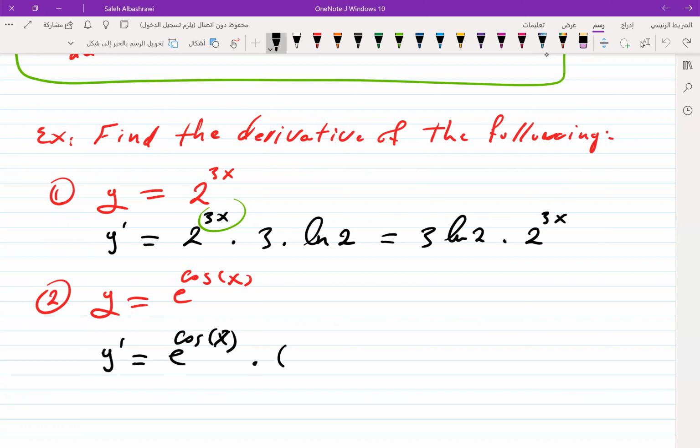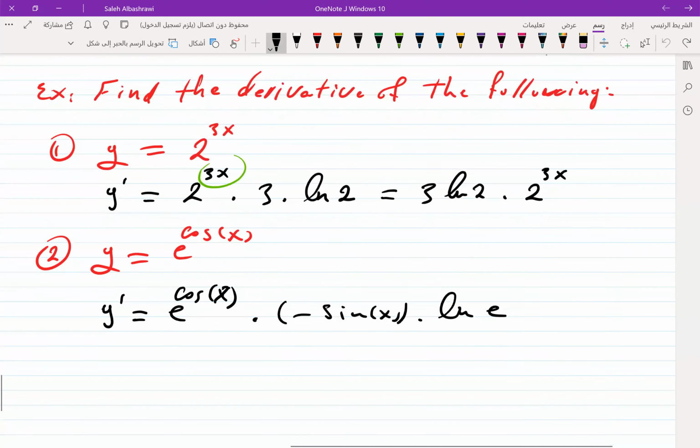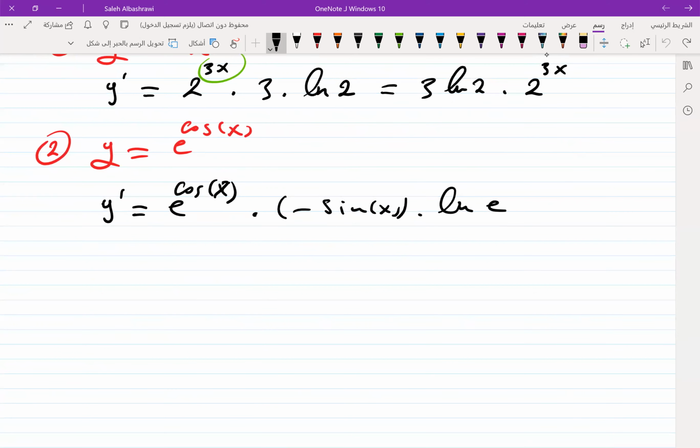The derivative of sine is cosine x multiplied by ln of e. Ln of e is equal to 1. So when we have base e, no need to write ln of e, because ln of e is equal to 1. So this is equal to cosine x multiplied by e to the power sine x. So this is the derivative.